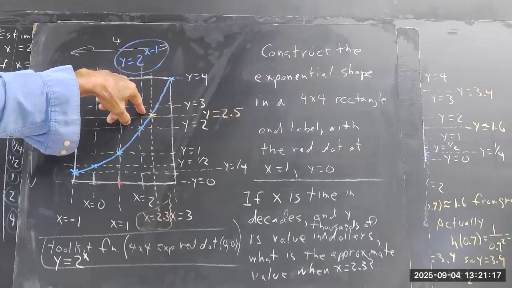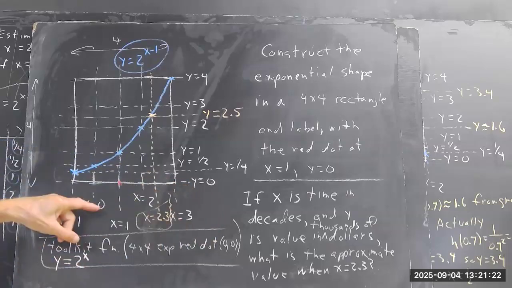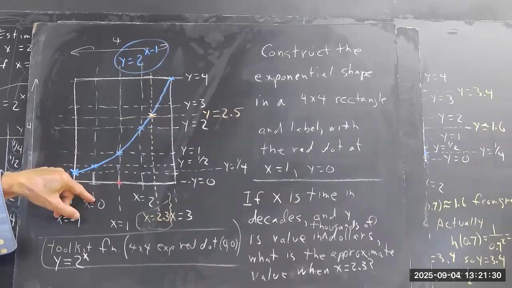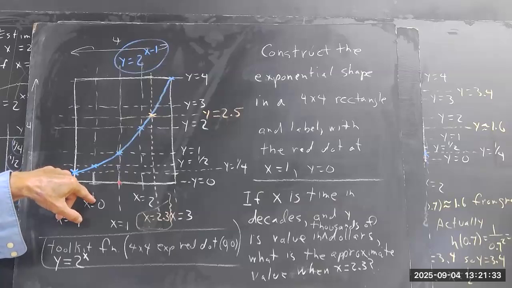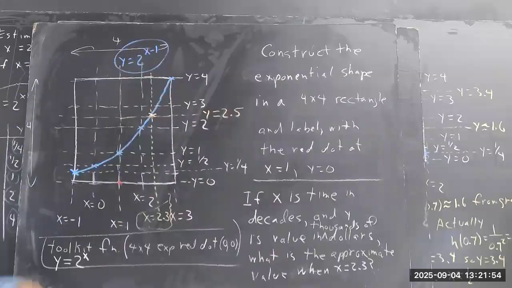What did this tell you about the situation? It tells you that after 2.3 decades, which is 23 years down the road, your $500 that you invest at x equals 0 will have grown as much.